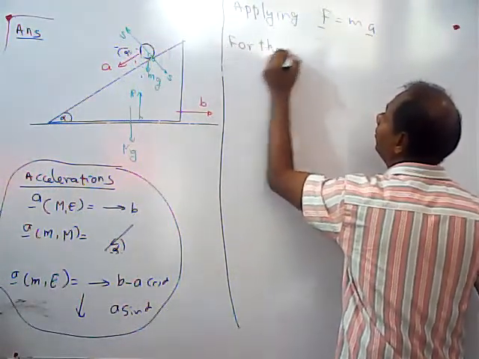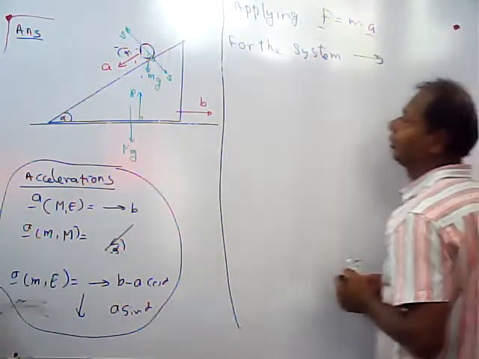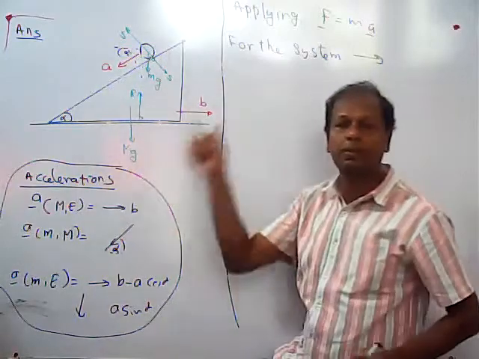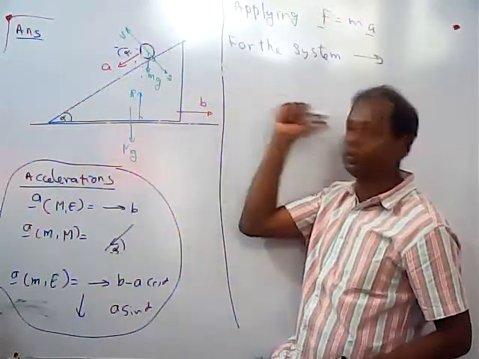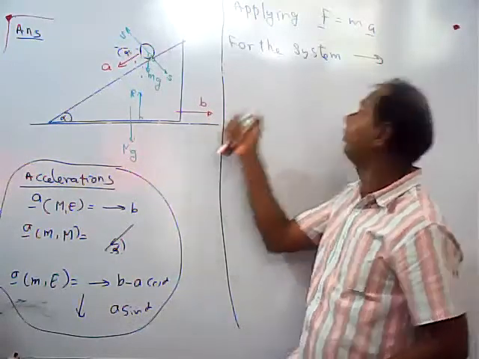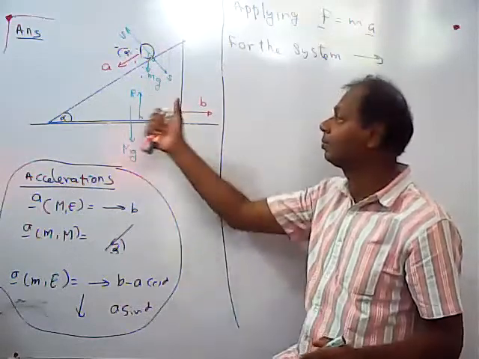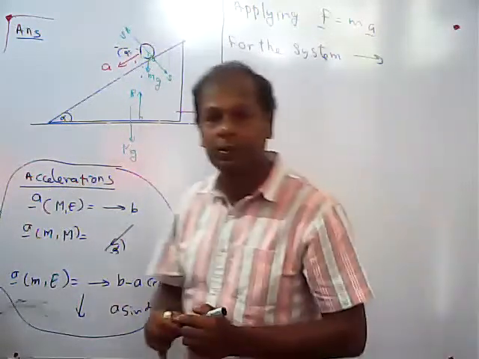For the system horizontally. So we are going to apply it for the system in the horizontal direction. Can you say the left hand side, the net force acting on the system horizontally? What is it?